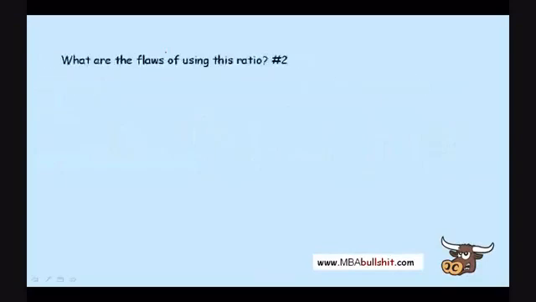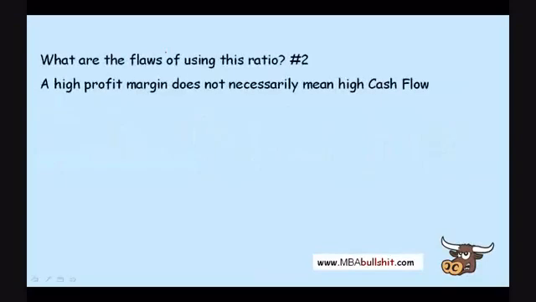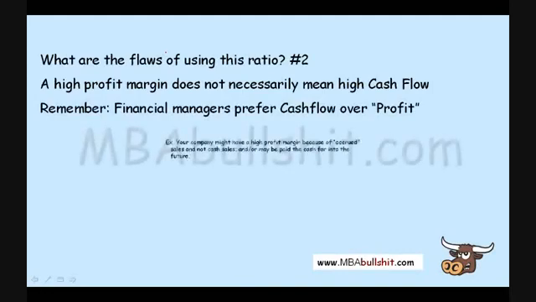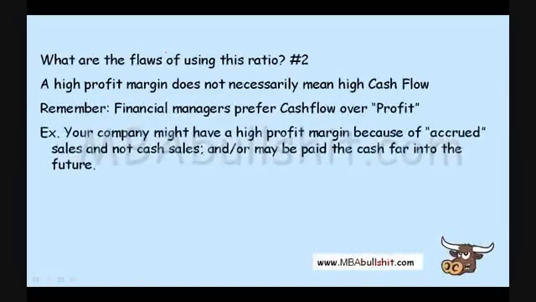Now, the second flaw in using this ratio is that a high profit margin does not necessarily mean high cash flow. Remember, financial managers prefer cash flow over profit. So, in some cases, well, not in the case of Walmart, because Walmart is a cash business, but in some companies, a company might have a high profit margin because of accrued sales and not cash sales.